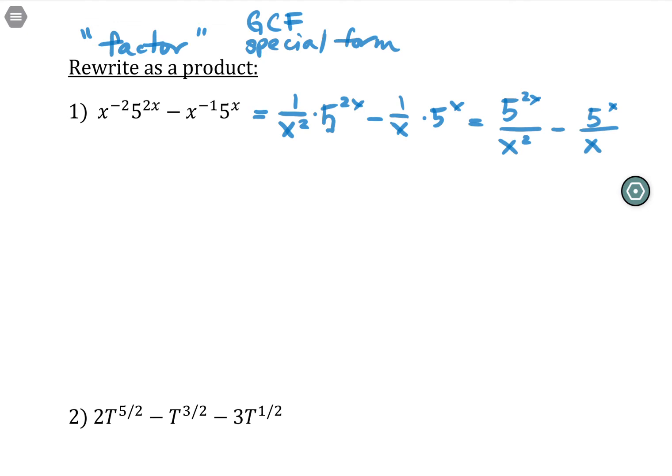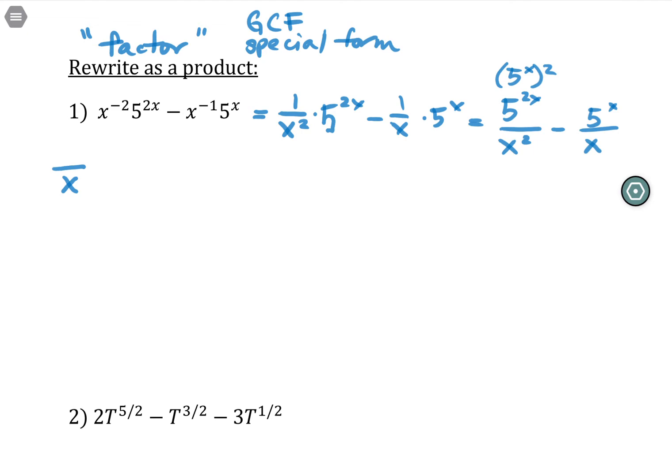You can factor out things that make it not nice, but I'm still trying to factor out things that keep it nice. So I can see that both of them have an x in the denominator. One has an x squared, but I'm just going to take the x so I don't make any weirder fractions. I'm going to factor out a 1 over x, and then in the top, you had some of these weird factors earlier, and I don't know if they stuck or not.